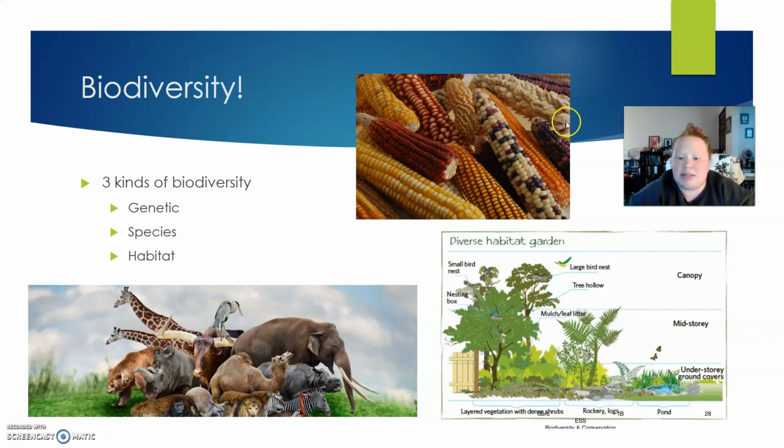And habitat means that there's a bunch of different kinds of habitats in an area. Remember, ecosystems that are highly diverse are more resilient to change because there are more genes or species or habitats to take the place of ones that might be impacted by an ecological disturbance.